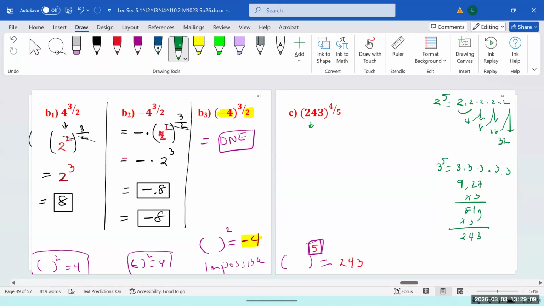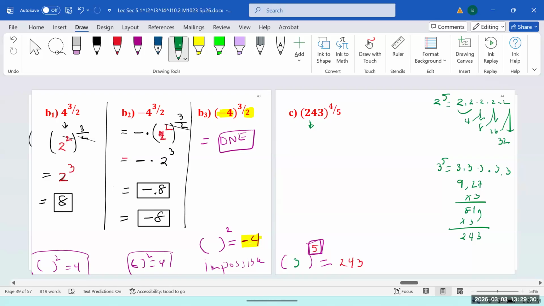Okay, so what do you do with this 3 to the 5? Jared, what do we do with this information? That 3 to the 5 is 243. You have to basically do the same.